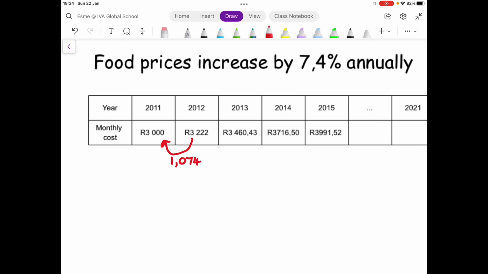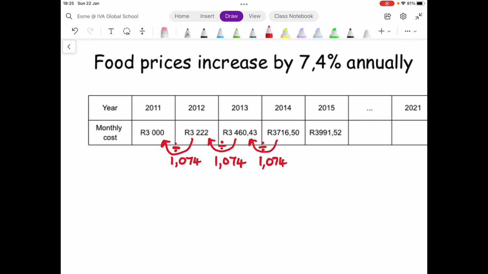If I divide 3,460.43 by 3,222, I will get 1.074. And if I do that divided by that, I will get 1.074. So you can see I now have a constant ratio, or a constant rate.